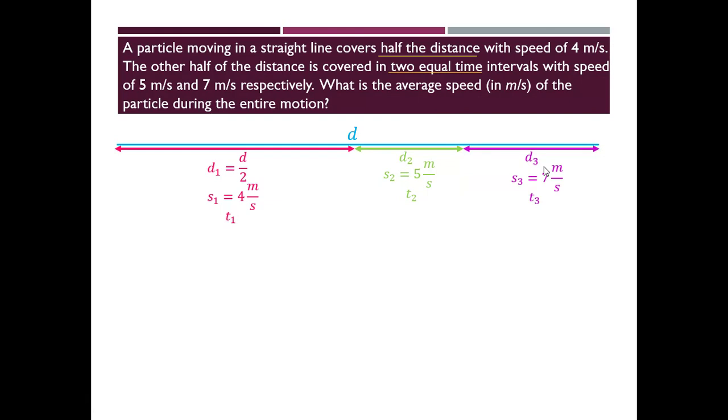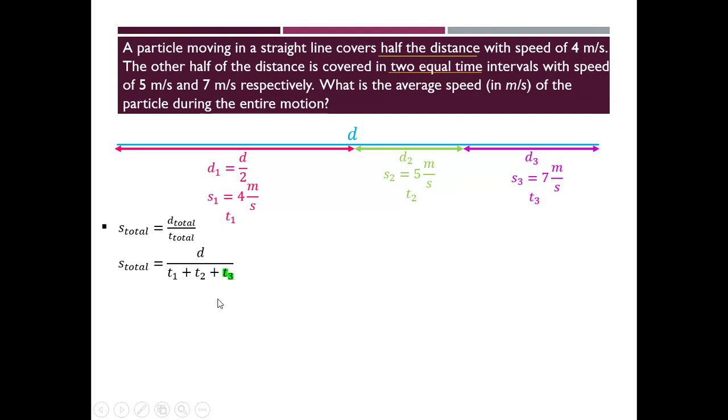Okay, so it comes back to, once again, the same starting point. In order to find average speed total, you need distance over time. Well, what's D total for this particular reference point decision? Since I call the whole entire trip D, the numerator is just now D instead of 2D like the previous strategy. Well, the bottom hasn't changed. T total is still T1 plus T2 plus T3. But it comes back to the statement. It says that the second half of the distance is covered in two equal times. So T3 is still equal to T2, right?